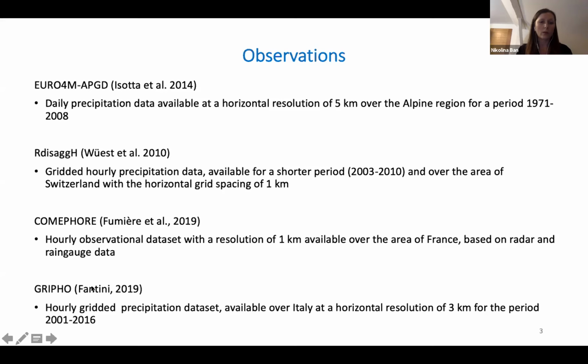This one is available with a horizontal resolution of 1 kilometer. Then over France, we have the COMEPHORE data. This one is also with a resolution of 1 kilometer. And the last one is GRIPHO. It's an hourly gridded precipitation data set available over Italy at a horizontal resolution of 3 kilometers.